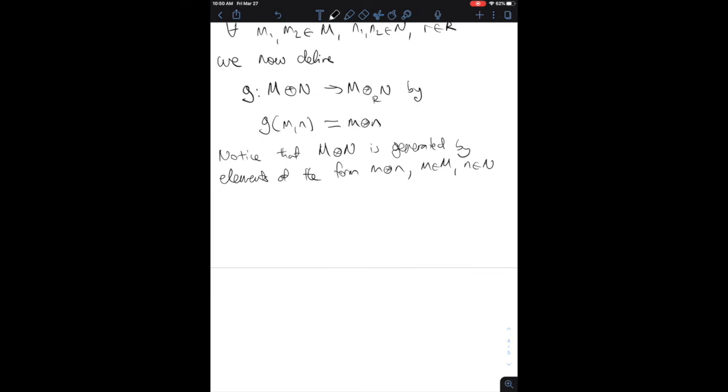So for any multilinear map from M plus N, we need to define a corresponding map from the tensor product. So suppose f from M plus N to P is a multilinear map.